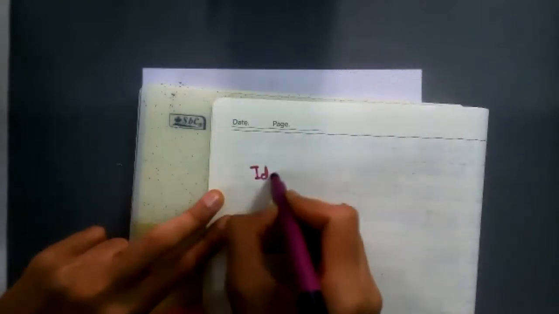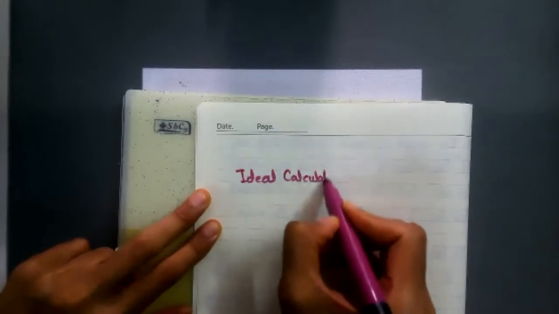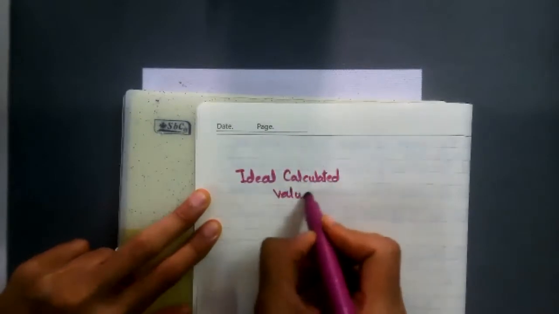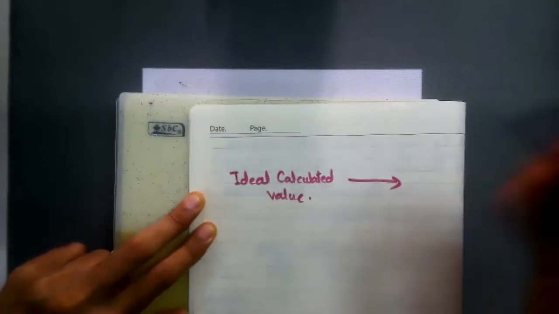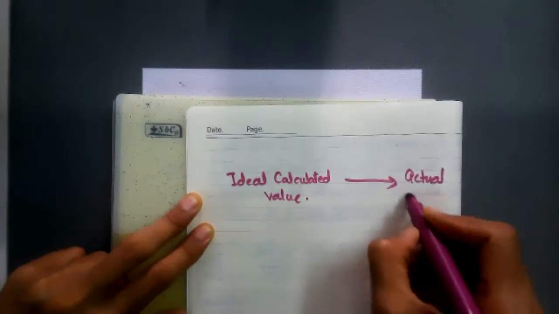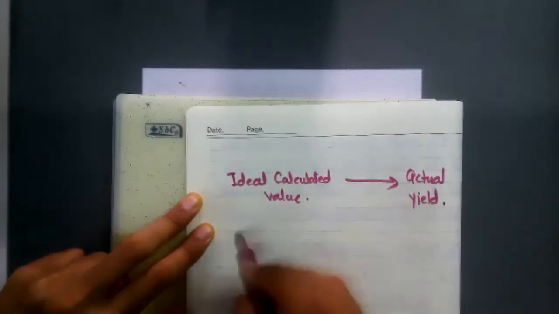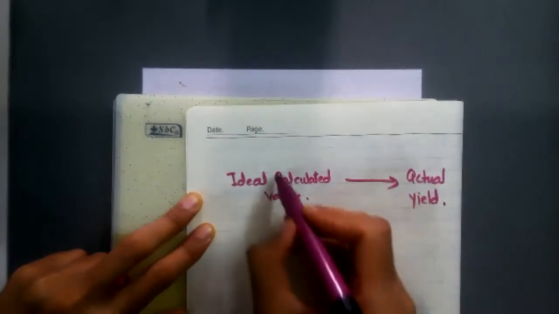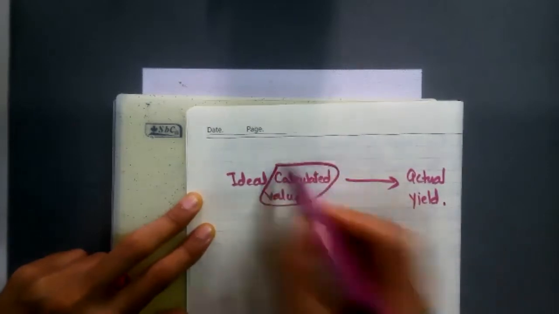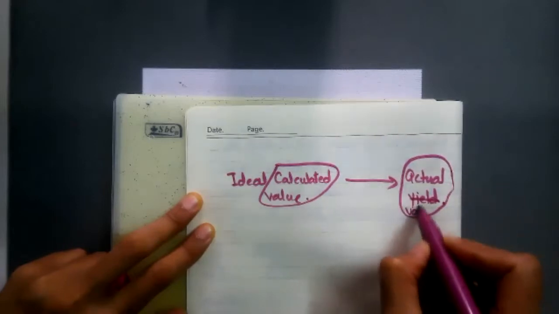So if out of the ideal calculated value, you got whatever you got, the actual yield, I'm just giving it the name actual yield. So the terms that I'm using are calculated value, actual value, or actual yield, whatever.